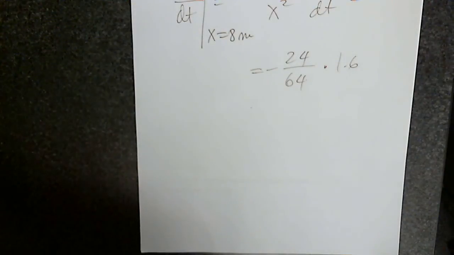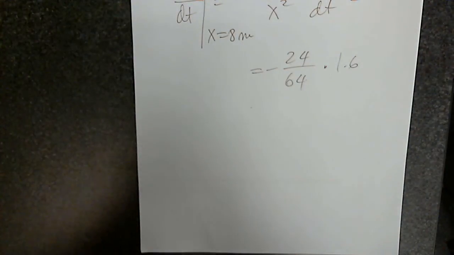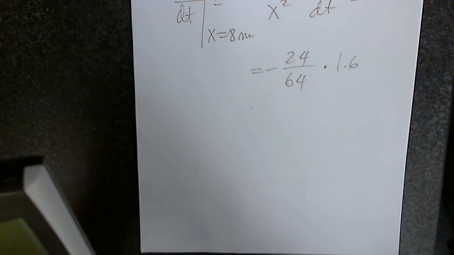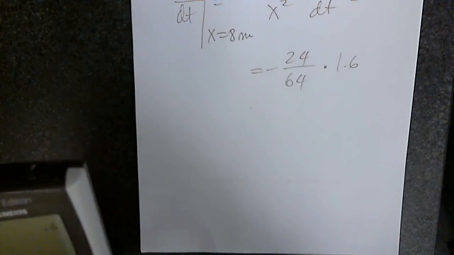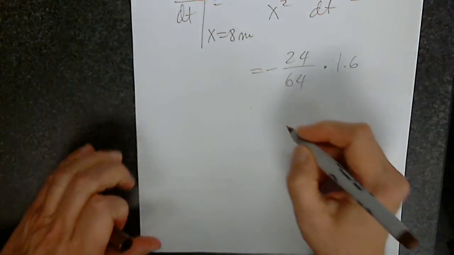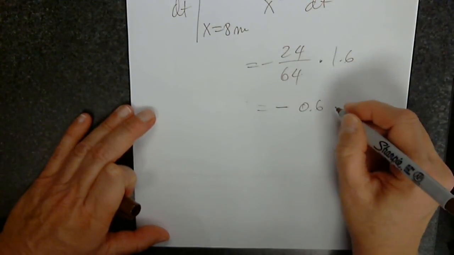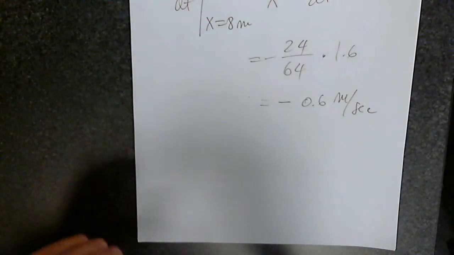I grab my calculator. Let's see. 24 multiplied by 1.6, and then I divide by 64. I got 0.6. Measurement unit, please. Very good.